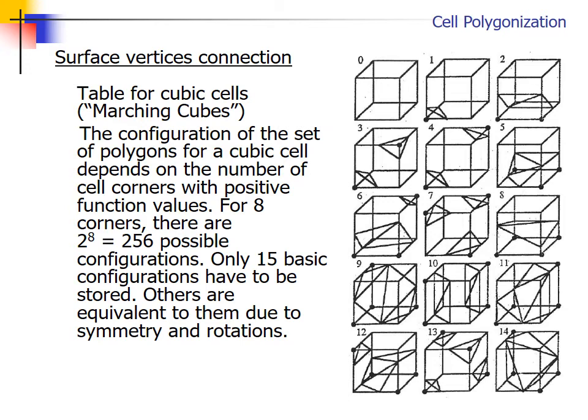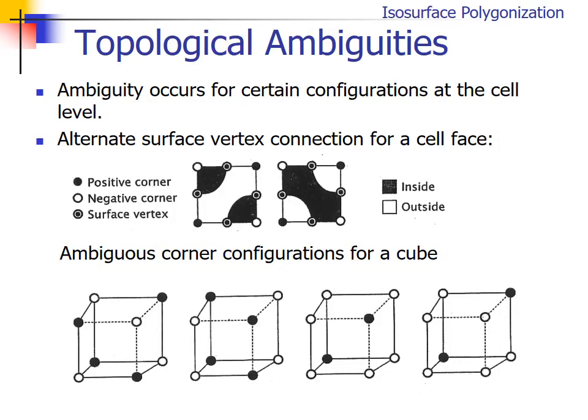Others are equivalent to them due to symmetry and rotations. As in the two-dimensional case, topological ambiguities exist in the three-dimensional case, but there are more such variants than in the two-dimensional case. Ambiguity occurs for certain configurations at the cell level. Examples of such ambiguities are shown on this slide.